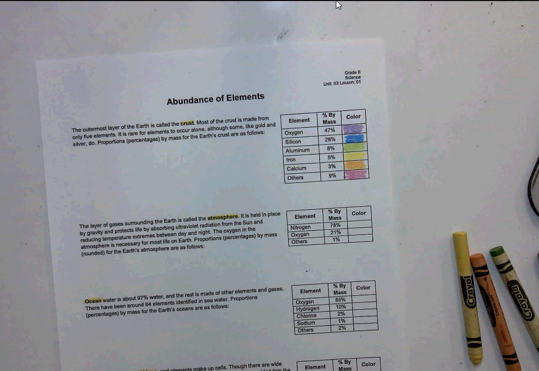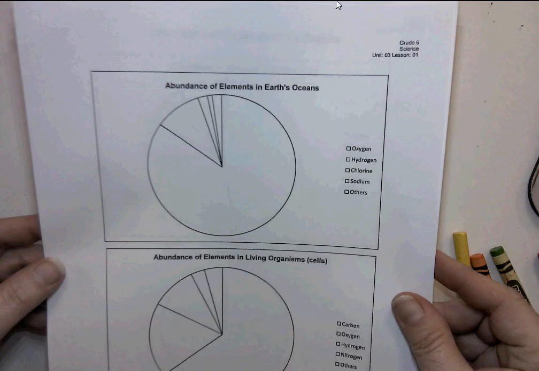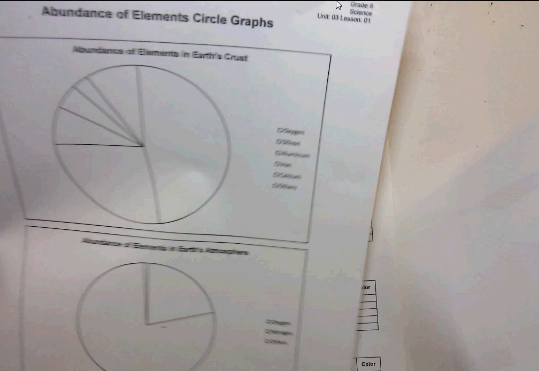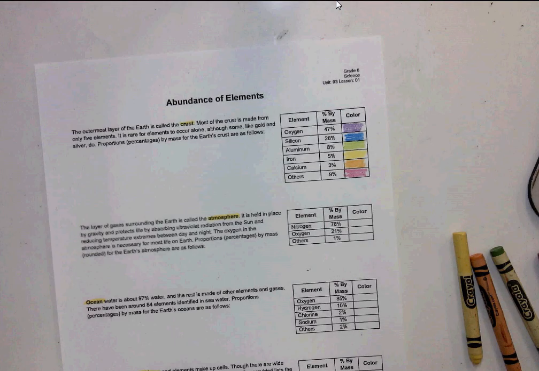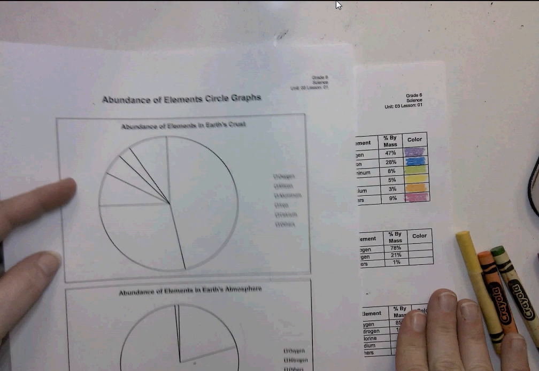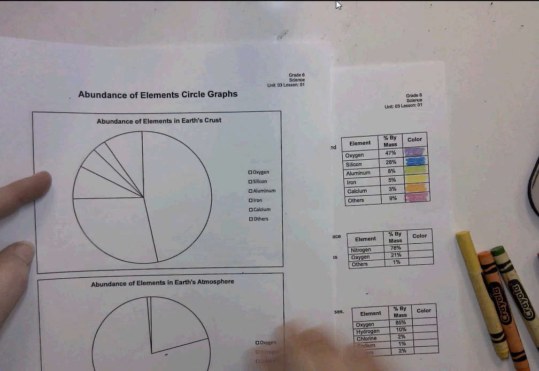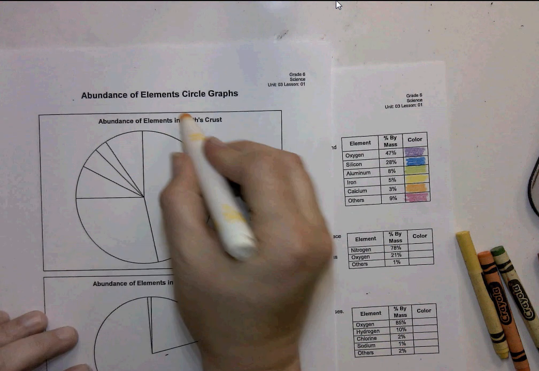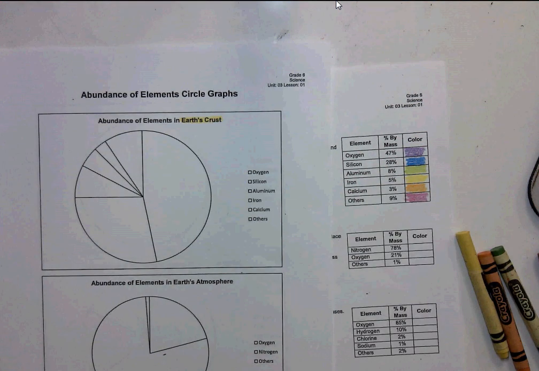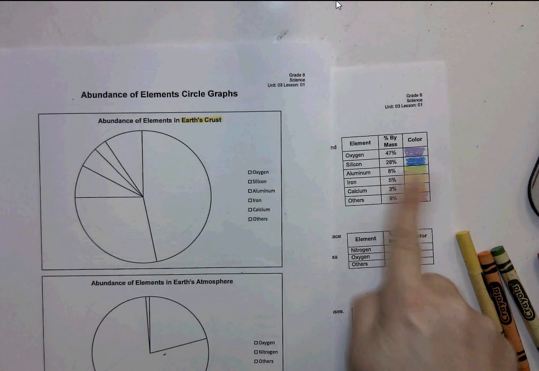Now I'm going to find the Earth's crust page in my pie charts. So I'm looking for Earth's crust, and here it is. So I'm looking at the Earth's crust page right here. And I'm going to color in this data. First I'm going to match my colors.